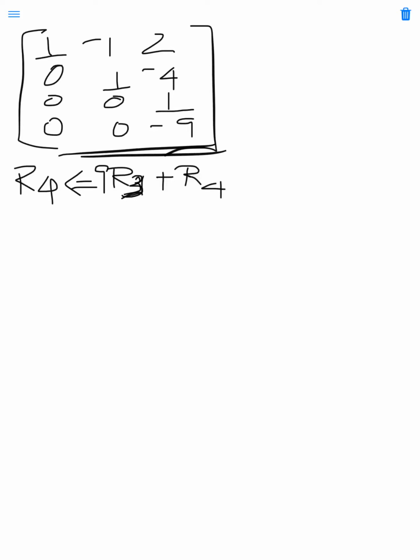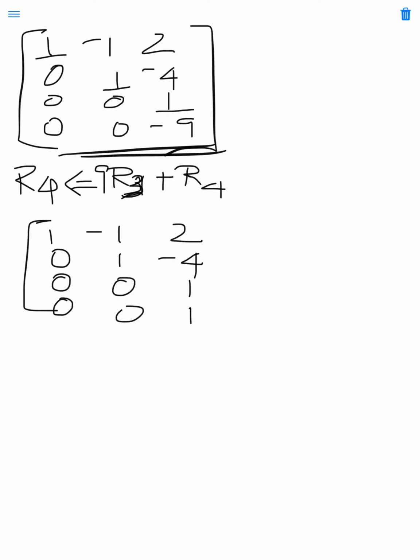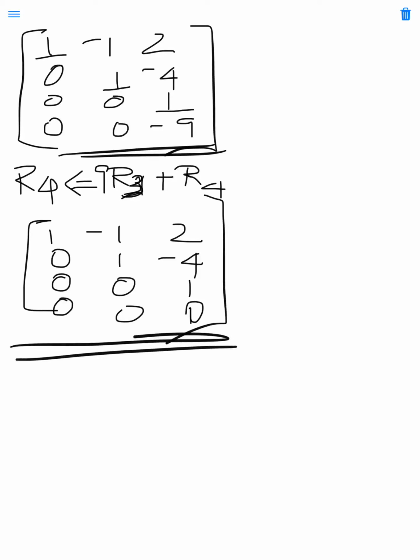So which will be getting it as 1 minus 1, 2, 0, 1 minus 4, 0, 0, 1, 0, 0, 0, 0. So now the matrix is in row echelon form.